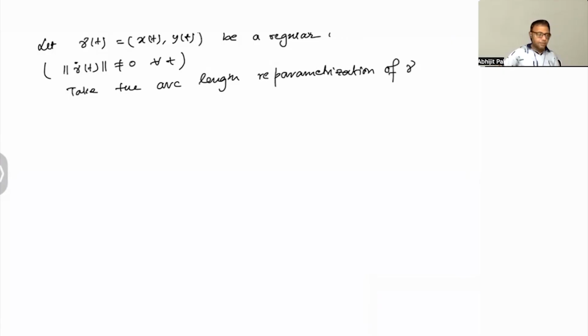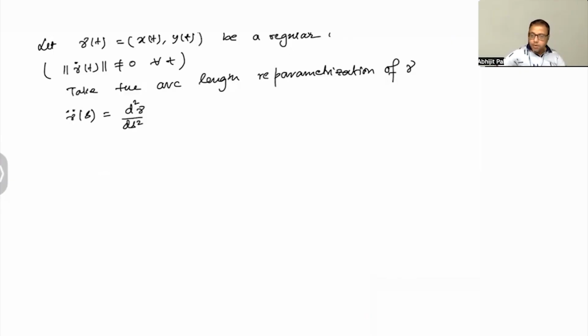After taking the arc length reparameterization, I will again rename this as gamma for convenience. Then we should find gamma double dot s, which is equal to d2 gamma ds2.